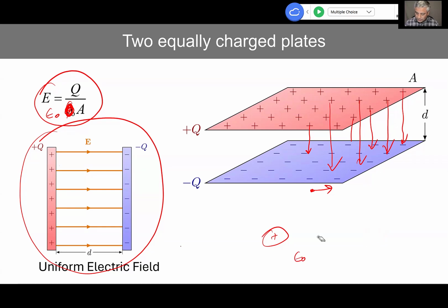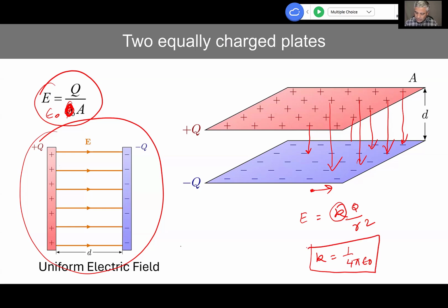epsilon naught. Remember the K we had in the force equation or the field equation? Basically, this K is the convenient notation for 1 over 4 pi epsilon naught. And epsilon naught is the fundamental constant.